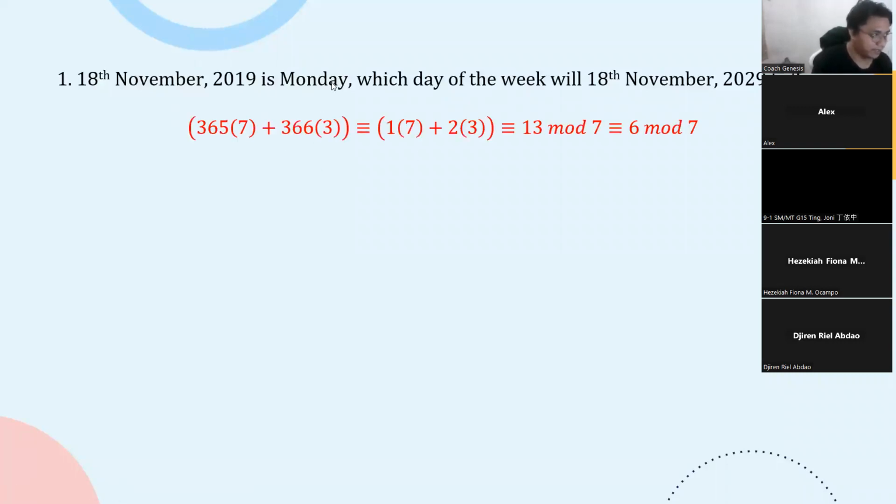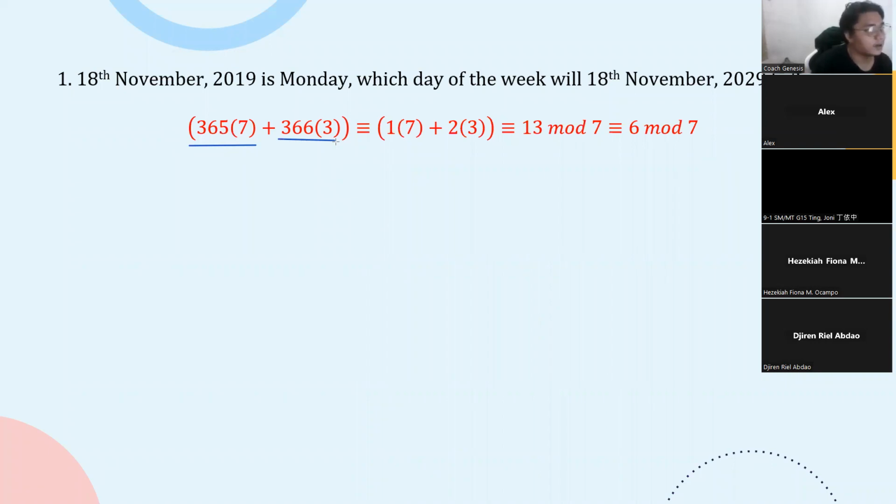So we actually have 7 years that have 365 days, while we have 3 years that have 366 days, which we call leap years. Those are 2020, 2024, and 2028.